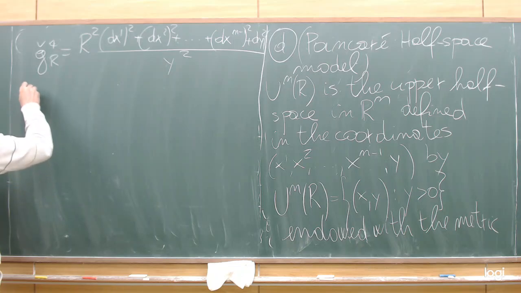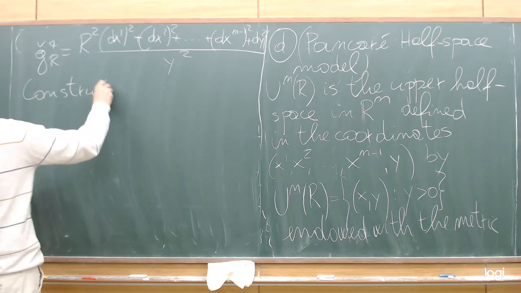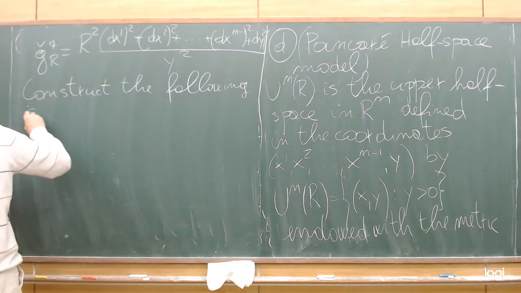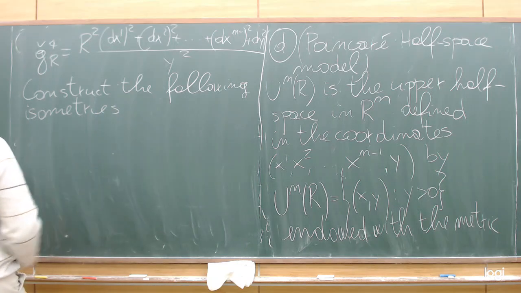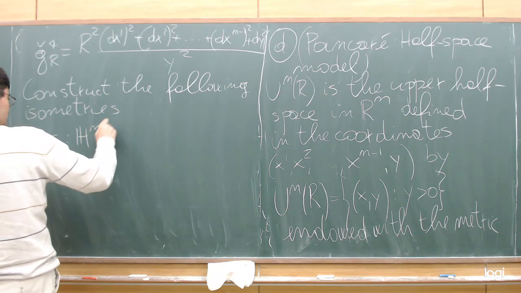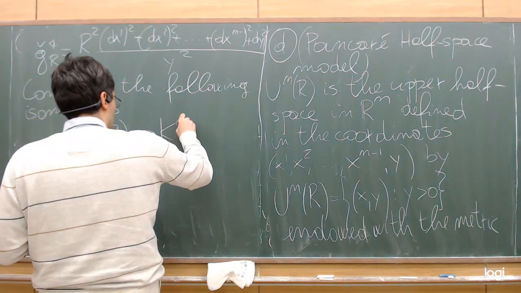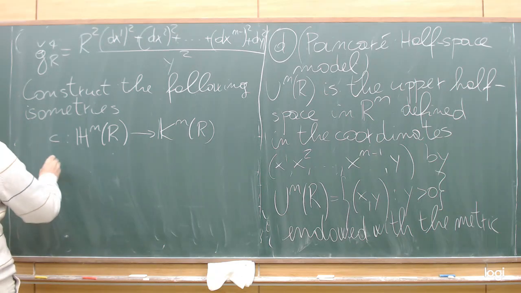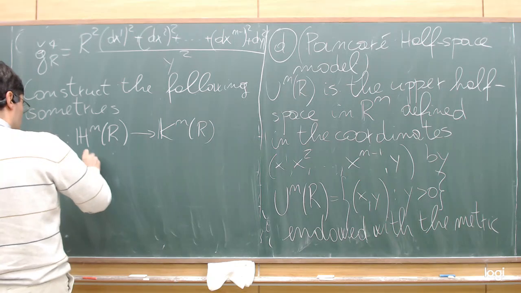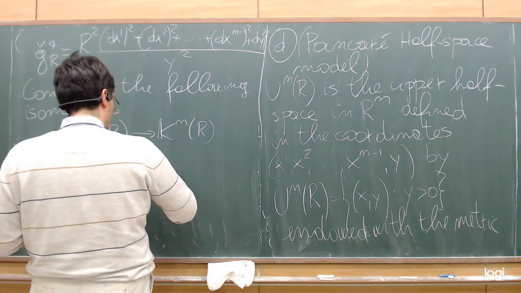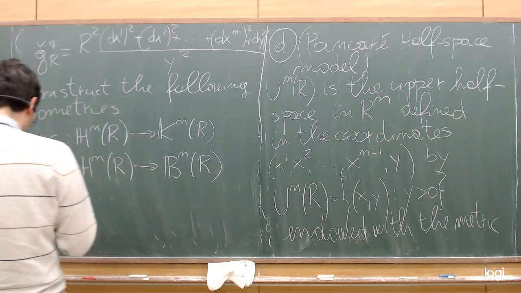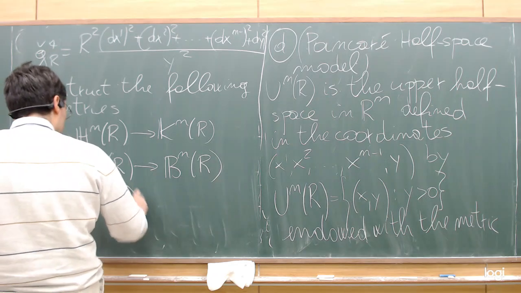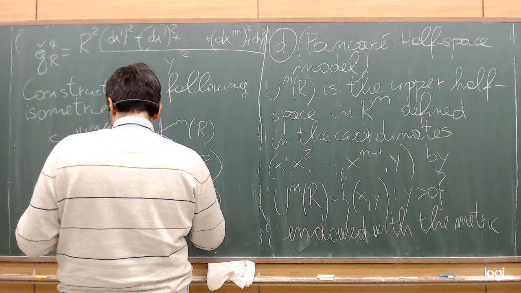Precisely, we will construct an isometry from H^n_R to K^n_R, pi between H^n_R and B^n_R, and kappa between U^n_R and B^n_R.